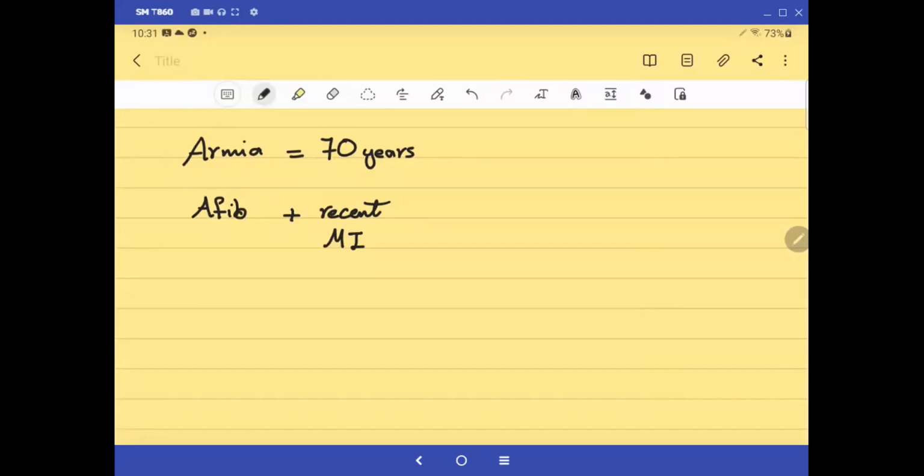So for age more than 65, new oral anticoagulant, okay? Plus atrial fib plus recent MI or PCI or elective PCI, as you said. So I add a clopidogrel.